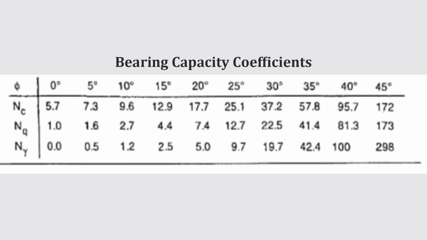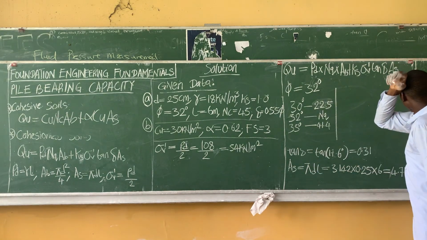And then for 35 degrees, we have our NQ to be 22.5. Okay, at 30 degrees, 22.5. And at 35 degrees, this is 41.4. So we carry out interpolation.